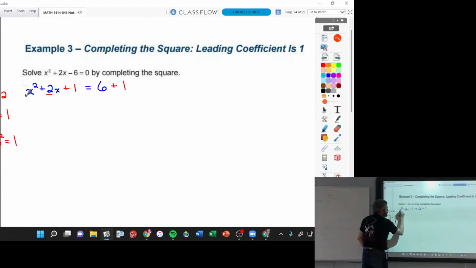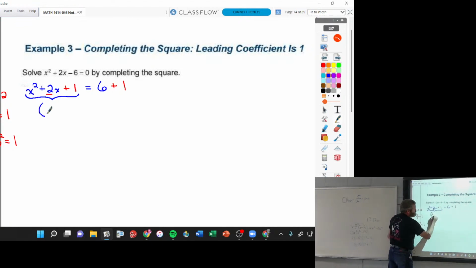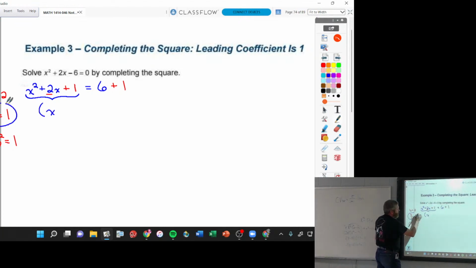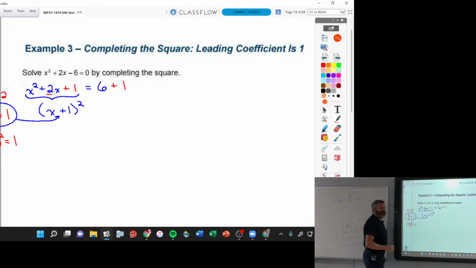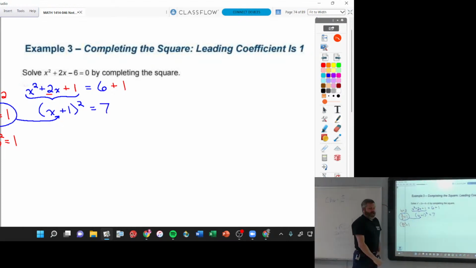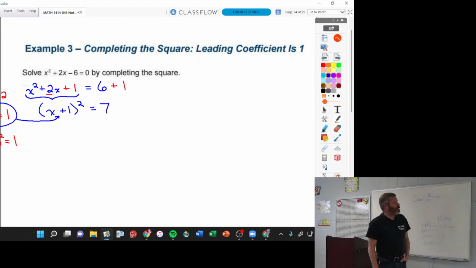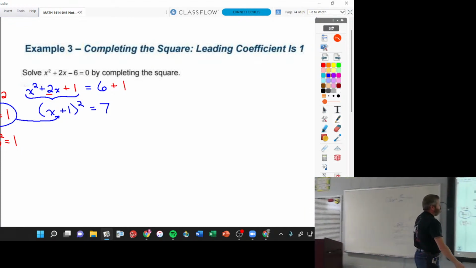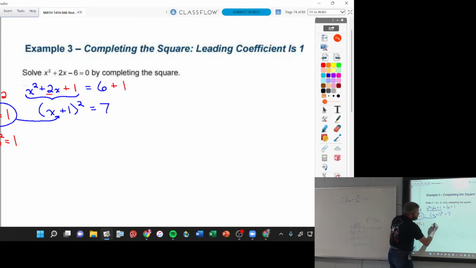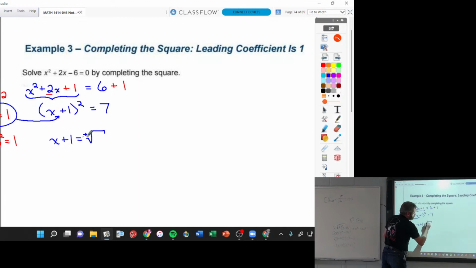I made this into a perfect square. And it factors into x, and then whatever this guy is right here, in this case it's a 1, plus 1 squared. That's how it factors. Equals 7. And if you've been paying attention, x plus 1 squared equals 7 is the exact same problem we were working on part B on example 2. Okay? So we would take the square root of both sides. x plus 1 equals plus or minus the square root of 7.